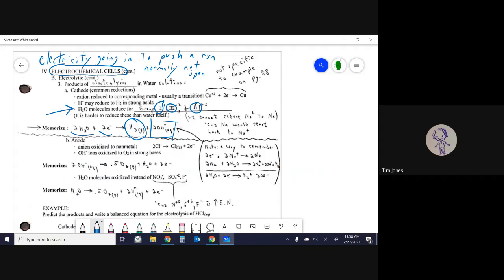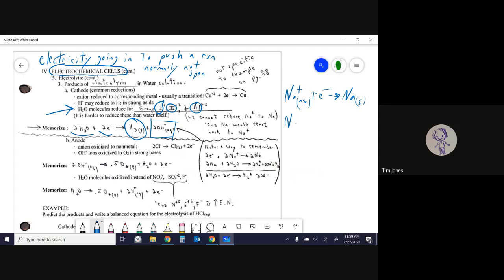Now, some notes that I've made here: if you analyze the sodium ion, let's say we have sodium in water. If you were to reduce it, you would be making sodium metal solid, which of course, group 1, including sodium, is famous for being highly reactive with water. So let's say you actually did this. Let's say it did happen.